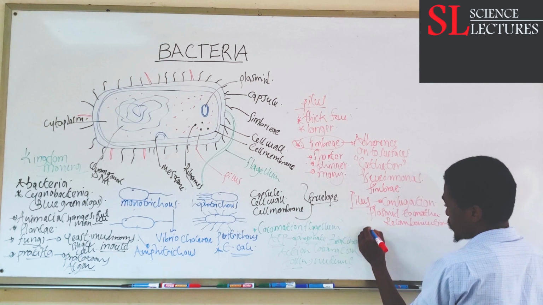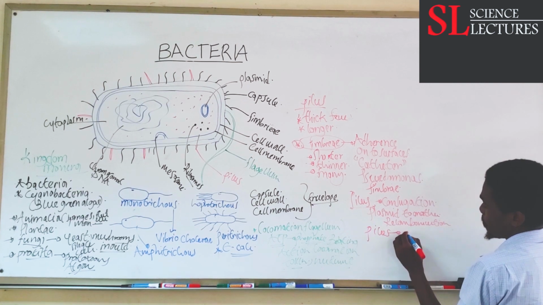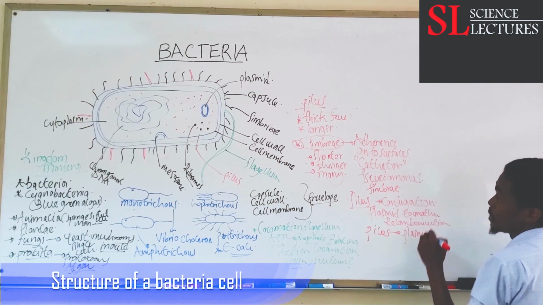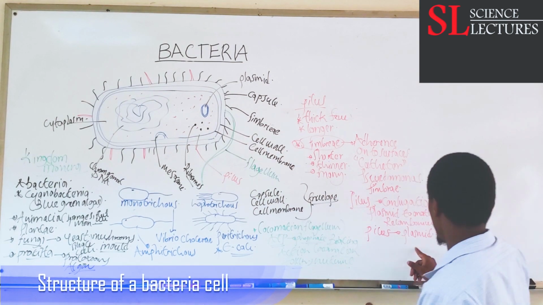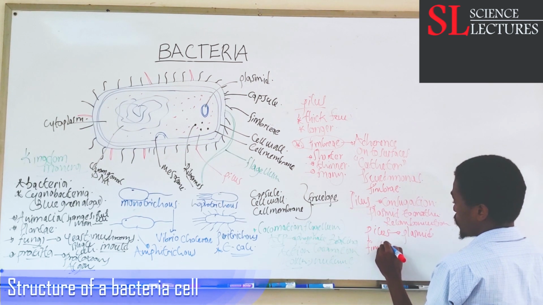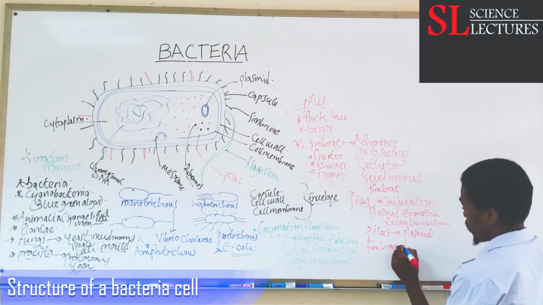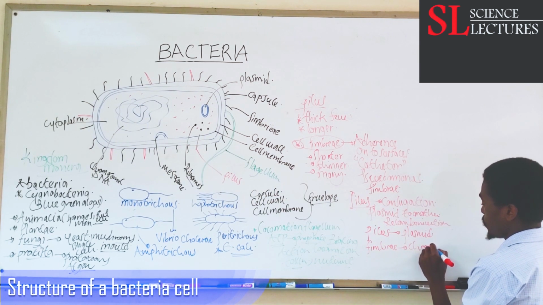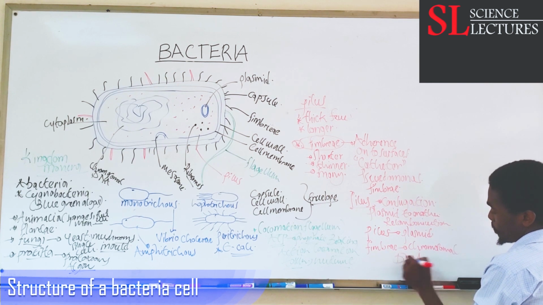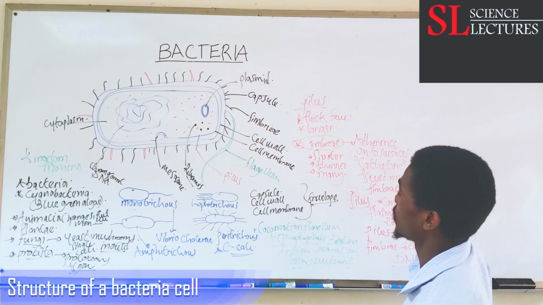The synthesis of the pili is aided by the plasmid, that extra chromosomal DNA. Then synthesis of the fimbriae is aided by the chromosomal DNA. So that is it basically for the pili and fimbriae as other cell extensions.